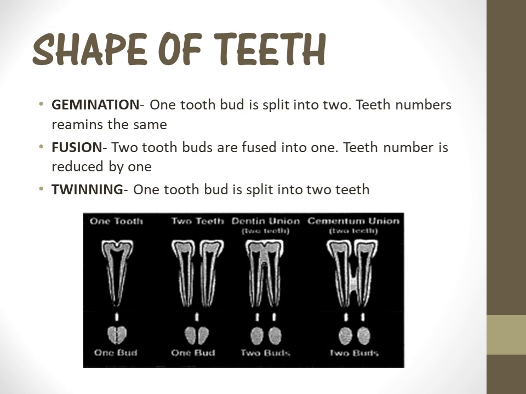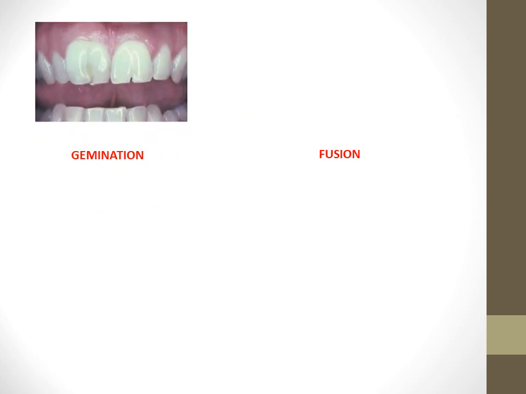Concrescence means the two teeth are fused through cementum alone. So this is a classic picture for gemination, where a single tooth bud is split into two. You can see the split in the crowns.